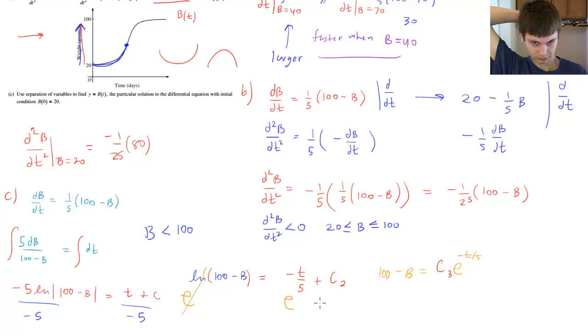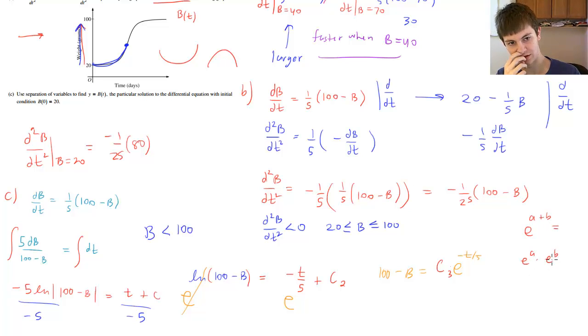The logic there is that e to the a plus b equals e to the a times e to the b. In this case, it's e to the c, since that's our constant, and e to the c is just another constant, so you can just multiply another constant in front. That's a side note, but it's just the easiest way to set up something like that.